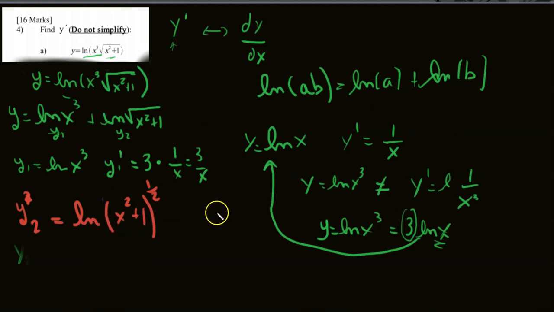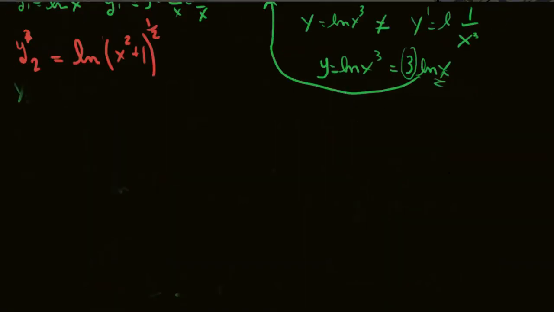You do have to use something called the chain rule here, and let me explain to you what that is. If you look at this y2 over here, it's actually a function inside another function. We have the function ln of x, and we also have the function x squared plus 1, which is inside the ln of x, so it would be inside this x. So we have a function f, which is the ln of x, and a function g, x squared plus 1.